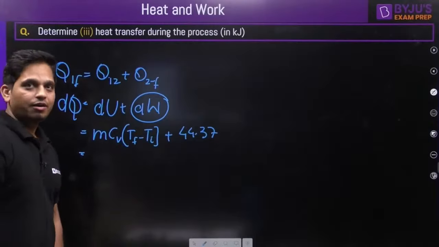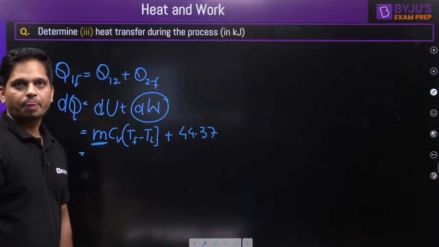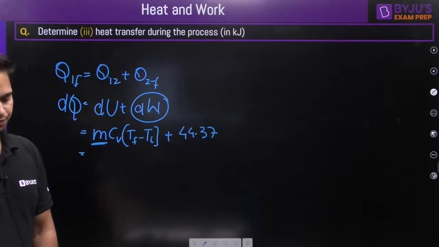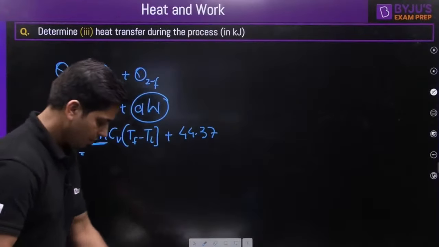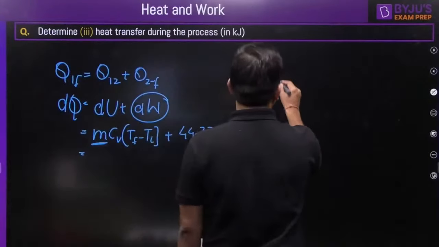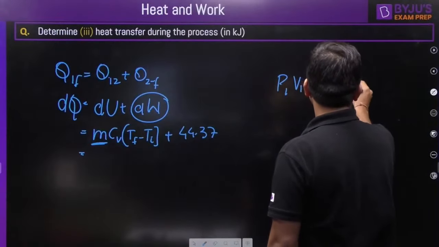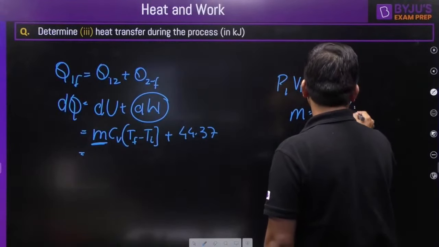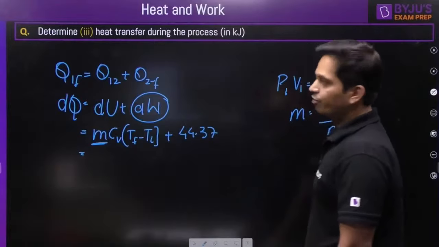Can you calculate mass? You can use P1 V1 is equal to mRT1. Mass you can calculate by P1 V1 upon RT1. We know everything.